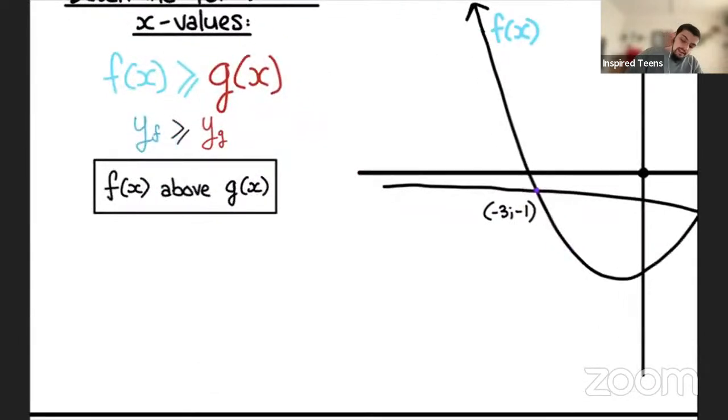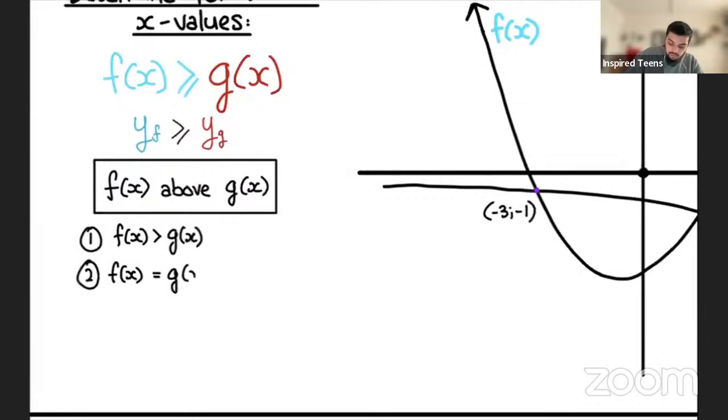And in this case, it says greater than or equal to, so there's two cases technically. The first one is f of x being above g of x. We have to answer for both. And the second one is f of x being equal to g of x. That's essentially what greater than or equal to breaks down to: f of x being greater than g of x, or f of x being equal to g of x, which is at the point of intersection.